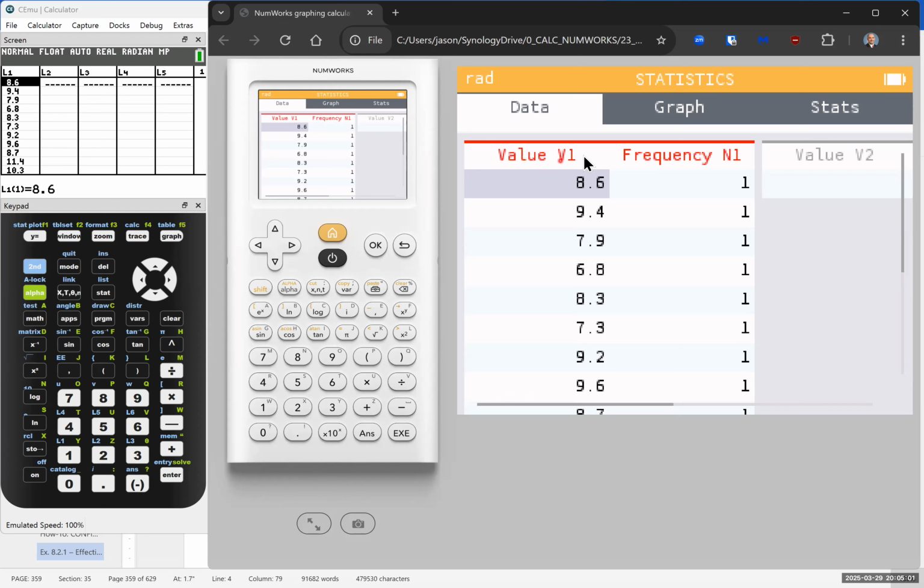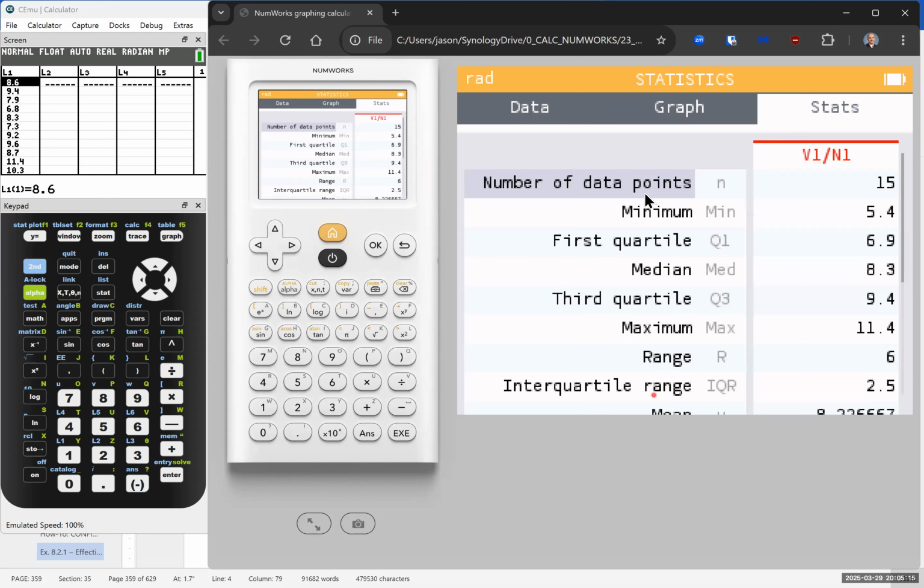All right. Now, in order to get the sample mean, X bar, on the NumWorks calculator, just move up to the tabs and go to the stats tab. Click OK. And then down the left-hand column, you want to look for sample mean, X bar.